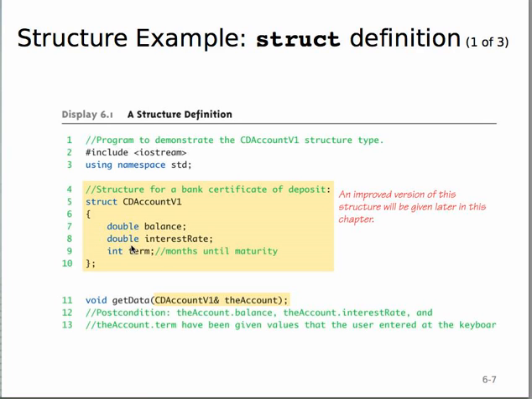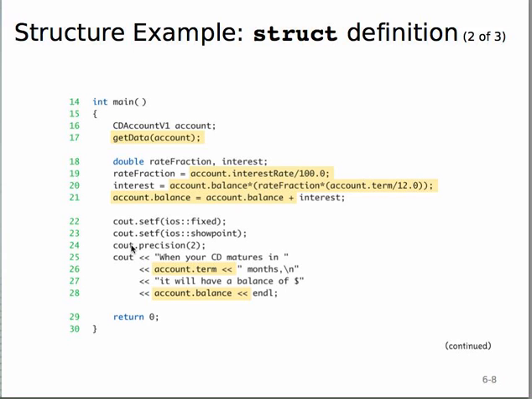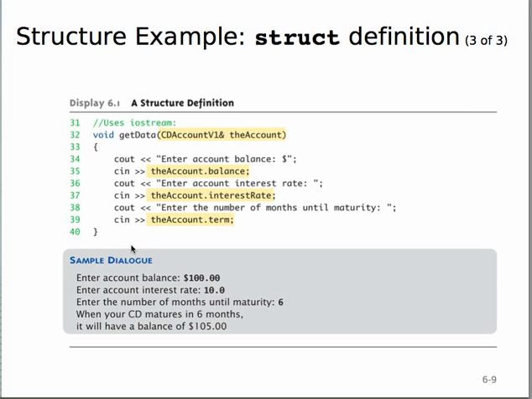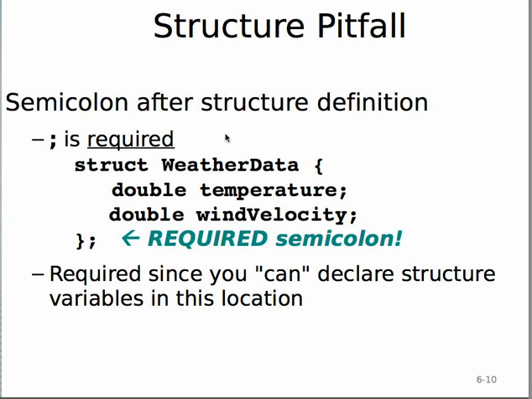Of course, I'm going to set up very simple structs with minimalist, very short names, mainly because I just want to concentrate on the syntax. Take a look at this example. It's a very nice example, and it even uses functions that accept a struct as a parameter, in this case just the CD account v1 struct. All of that is possible. We'll take a look at this.